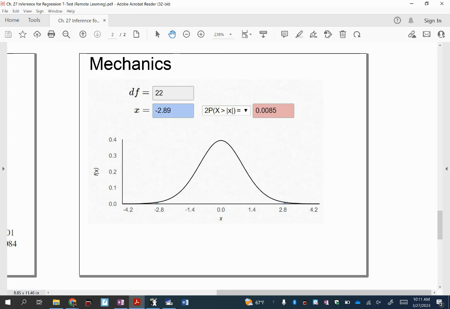Don't forget to put your test statistic. So t equals negative 2.89 and your p-value of 0.0085.